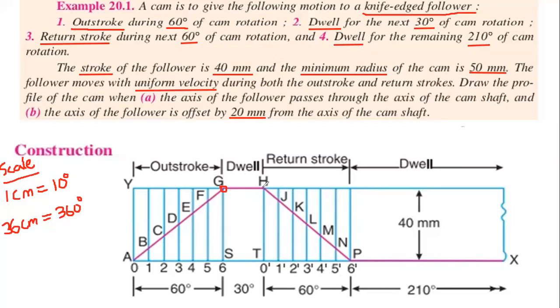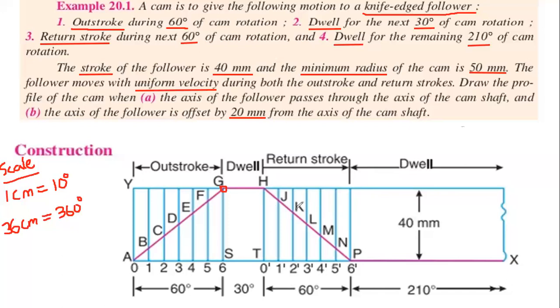Then join the line from H to P, that is a straight line with a scale. You have to draw a straight line with a scale, because in uniform velocity all these lines have to be straight lines only. So no curves are represented.